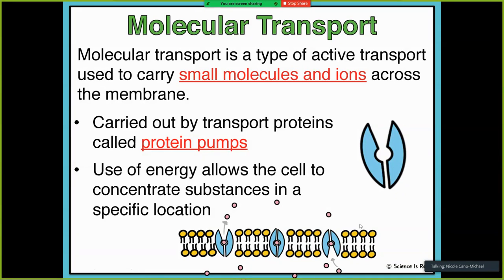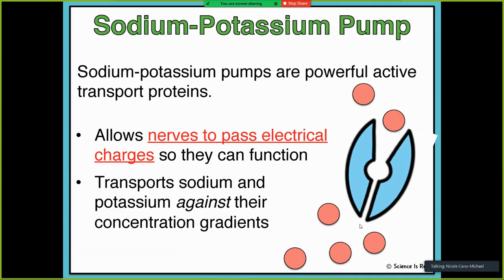Again, they use energy from the cell, they use ATP to move materials across the cell membrane against the concentration gradient. Again, molecular transport is a form of active transport. So, one of the more popular, well known forms of a protein pump is a sodium potassium pump.